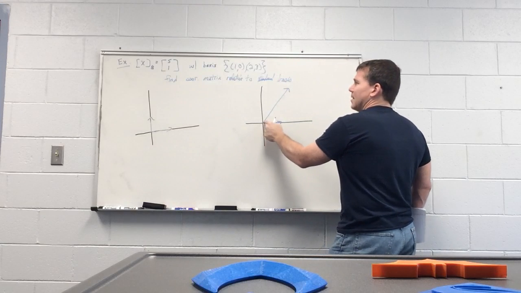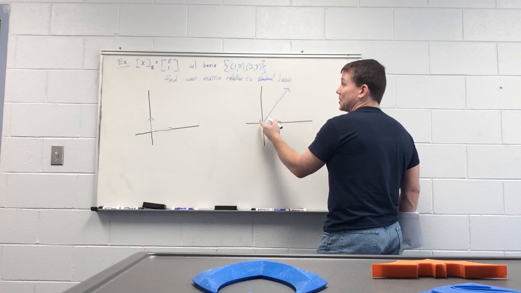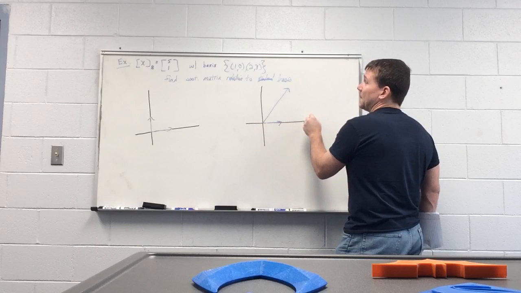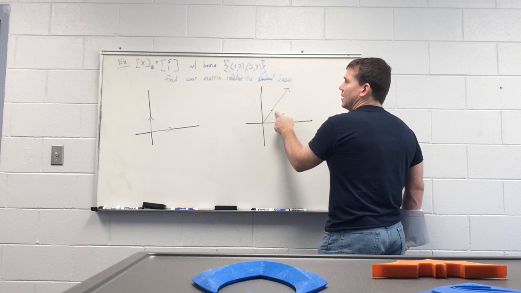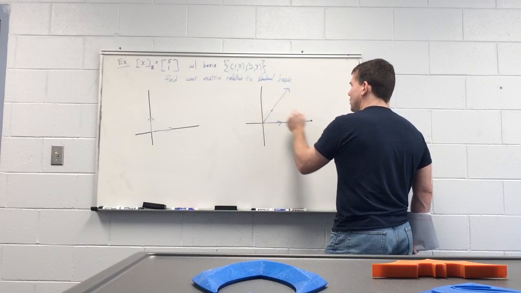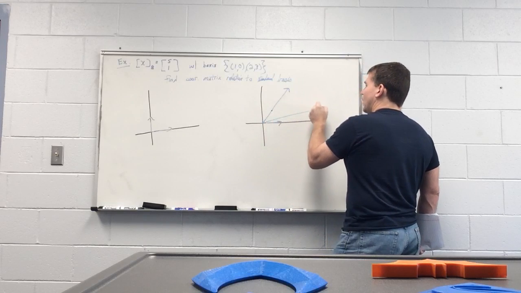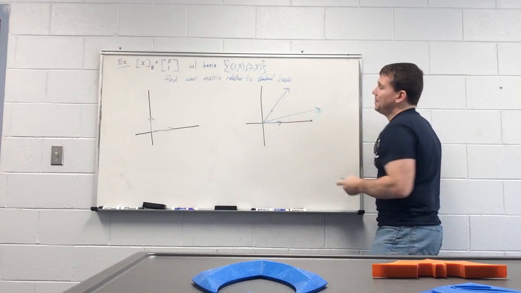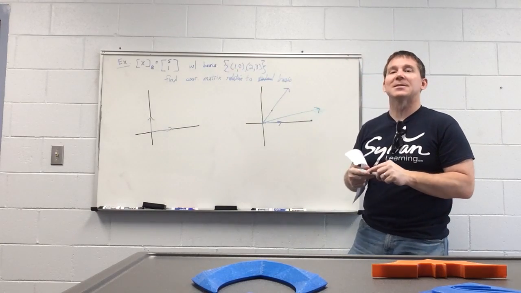So the 5 would go with this horizontal, so to speak. This actually is horizontal. So if that's 1, maybe the 5 goes out to about here. Now I go 1 in this direction, because that's my other one, which would then, if I do nose to tail, put me about here. So I would say my vector looks something like that, up to my ability to reasonably draw this with respect to this basis.